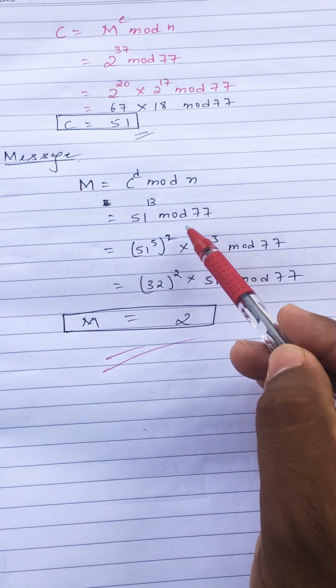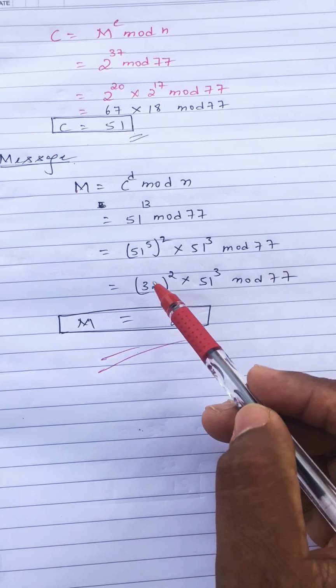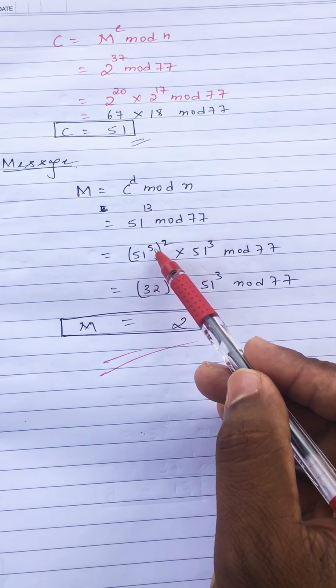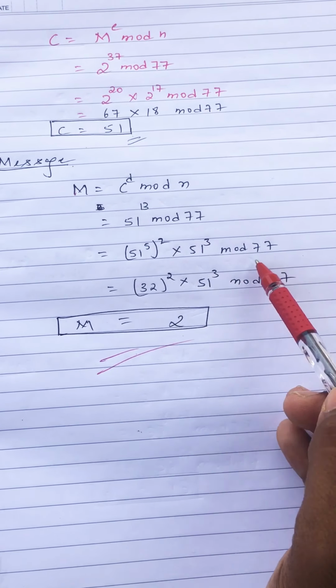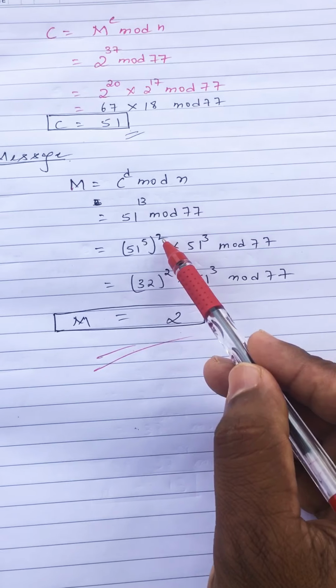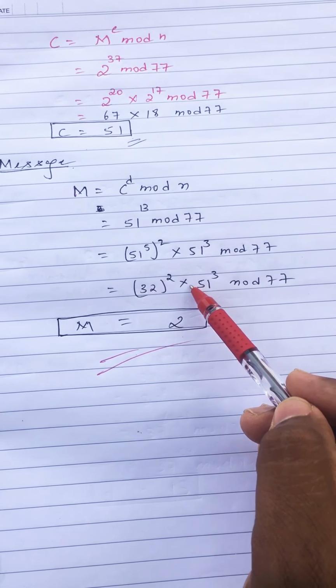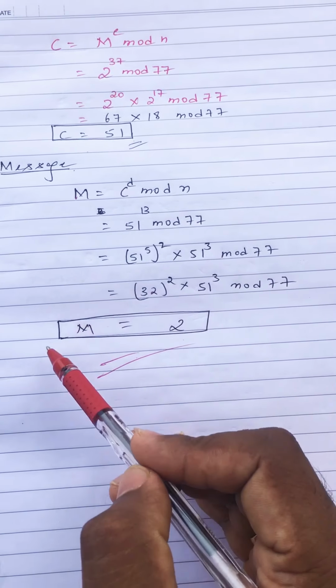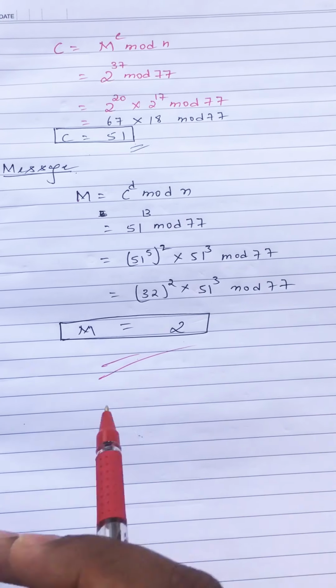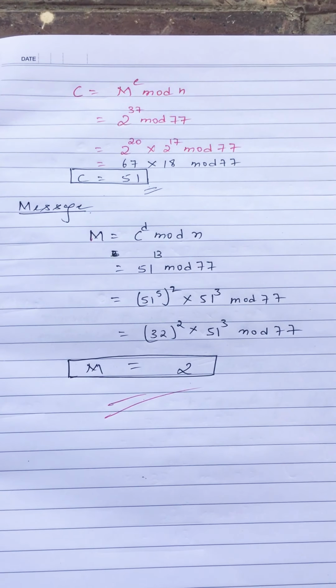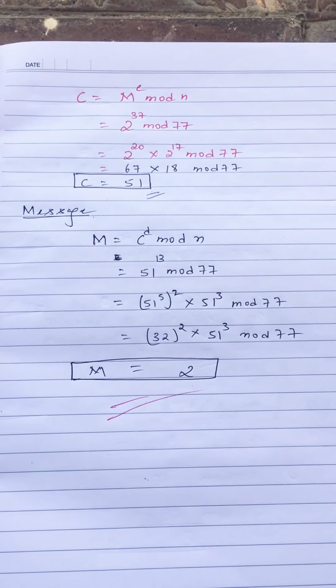So 10 plus 3 becomes 13, mod 77. If you simplify, 51 raised to the power of 5 mod 77 gives 32, and raised to the power of 2 we keep as it is, into 51 cube. If we simplify, we get the original message. Hence this is the example problem we have solved.